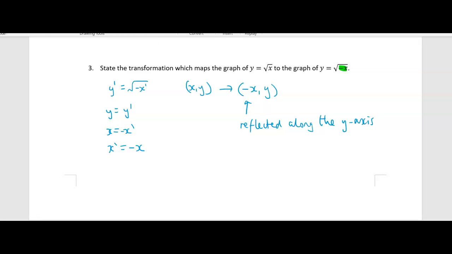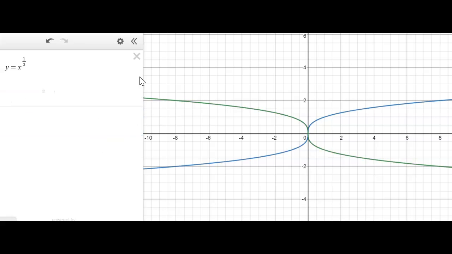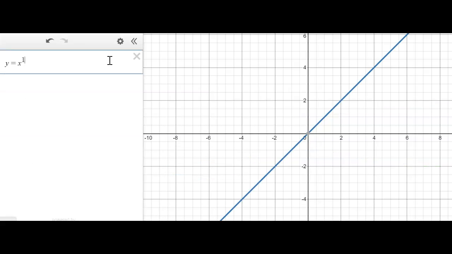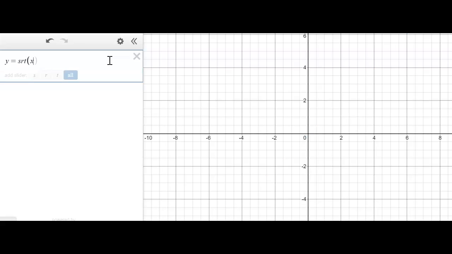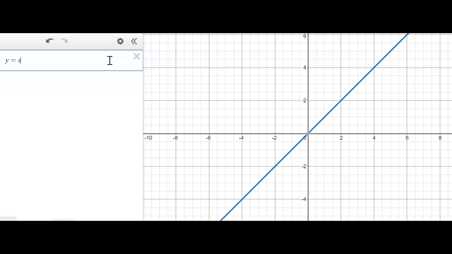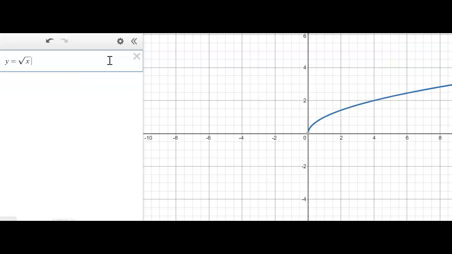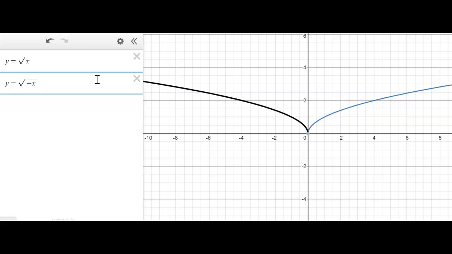So if we want to just quickly look at what that graph looks like. All right, so there's your basic square root graph. Let's do a reflection in the y-axis, which is what we just had. Now, some people think, well, you can't take the square root of a negative number, but what is actually happening here with our black curve?